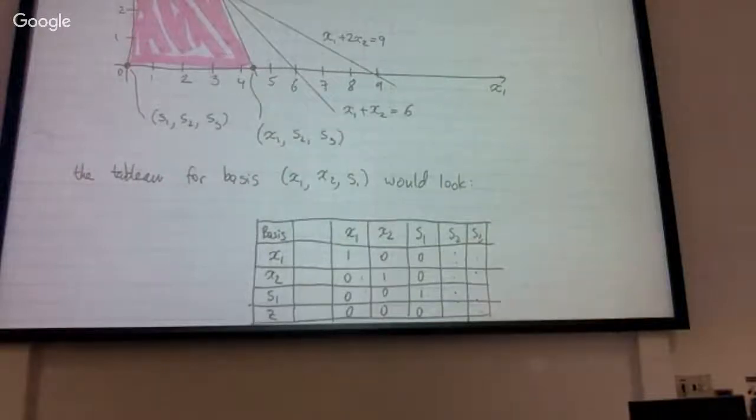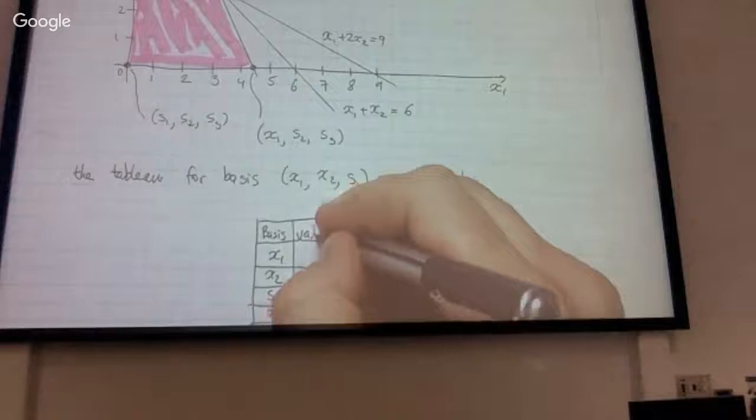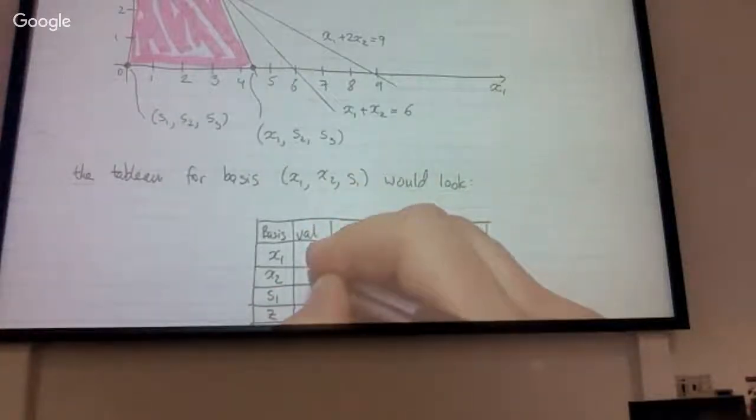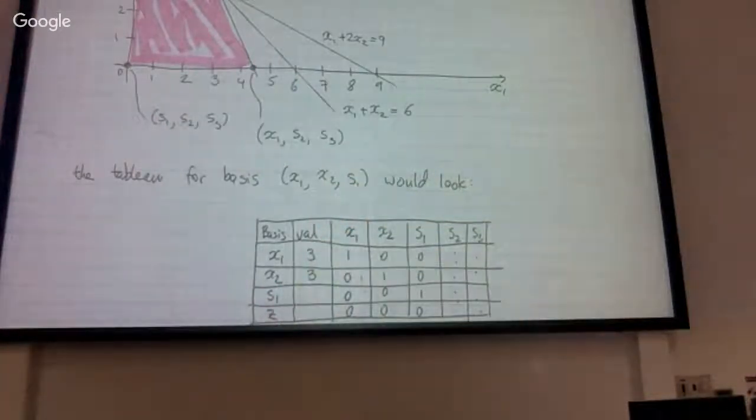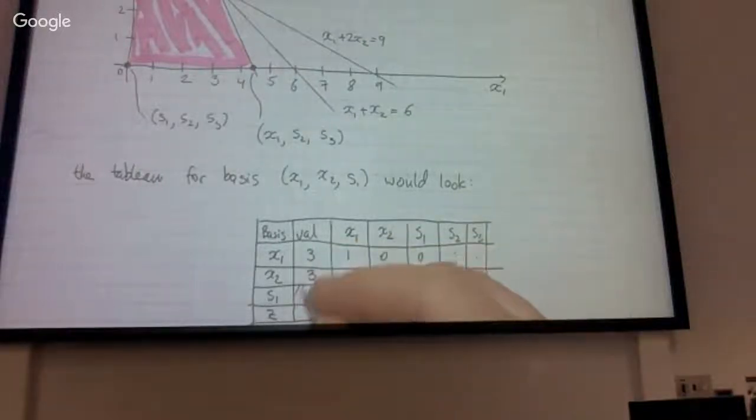Now we just said that the values of x1 and x2 are 3, and the value of s1 is 0, and we didn't say what the objective was, so we have the objective there. What is degenerate about this is that we have a basic variable whose value in the basic feasible solution is 0.